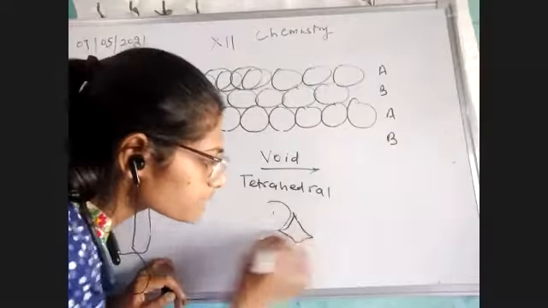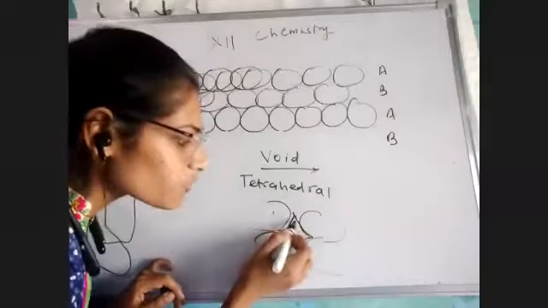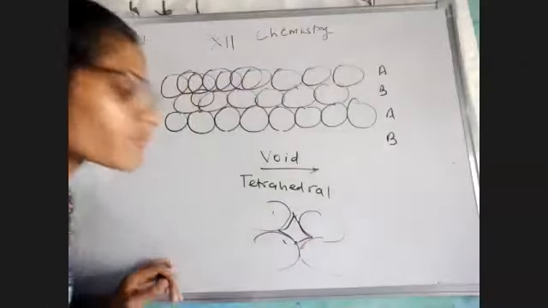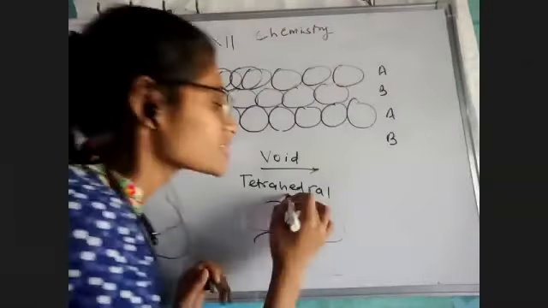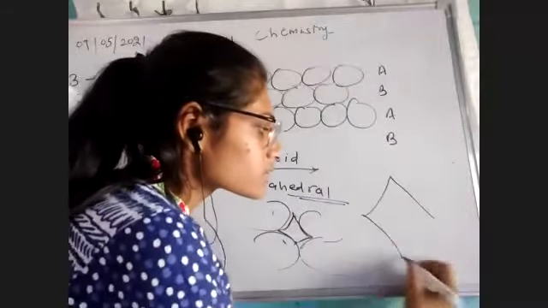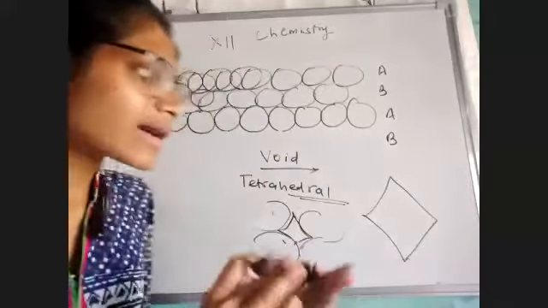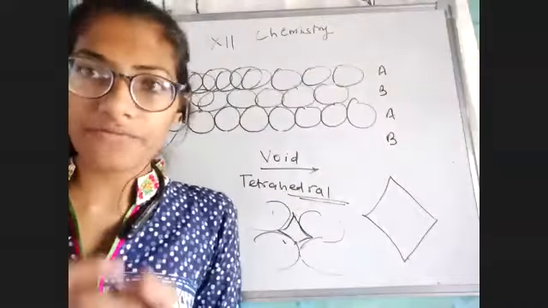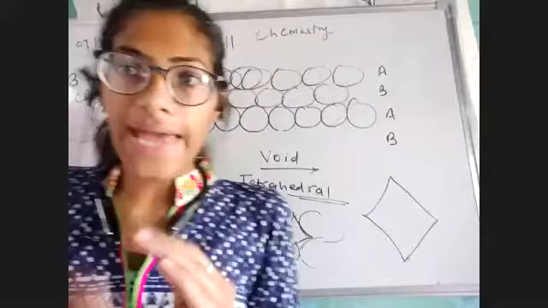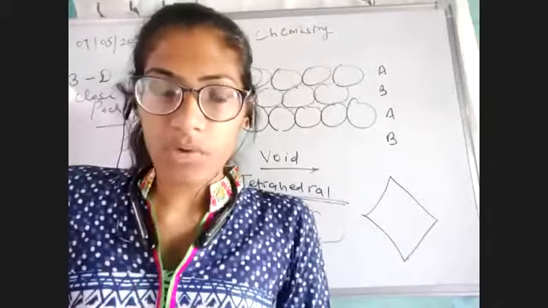There would be a sphere over here, over here, over here, and there would be a space left between them, which is known as tetrahedral void. So it seems to be a kind of tetrahedral with four different sides, as we have four different spheres connected to each other.